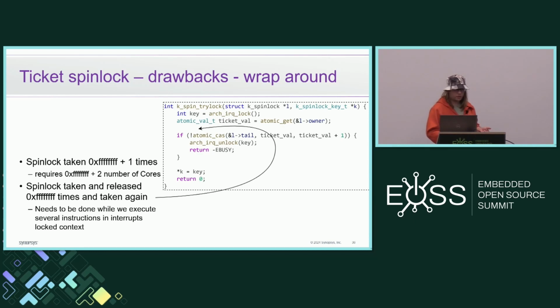If we can do that, we can cause the wraparound. But it needs to be done while we're executing just several assembler instructions in the context with locked interrupts. So we cannot jump to an interrupt, we cannot reschedule. So it's not really possible for our ARC Zephyr port.